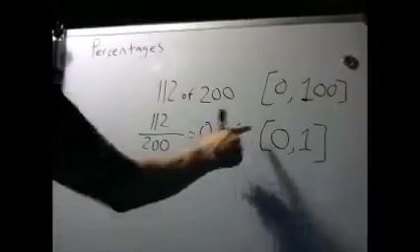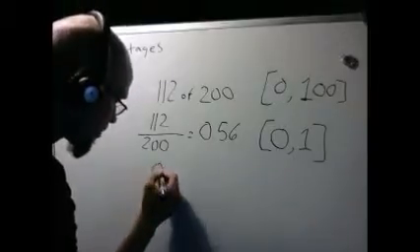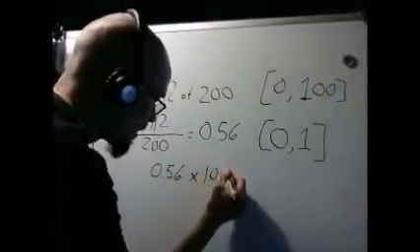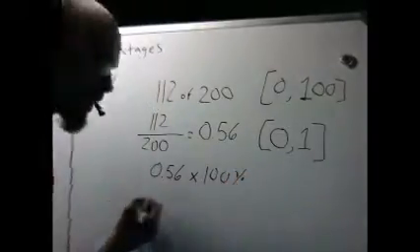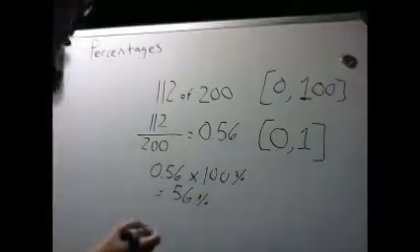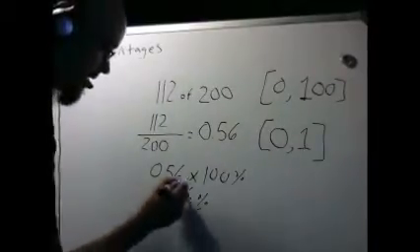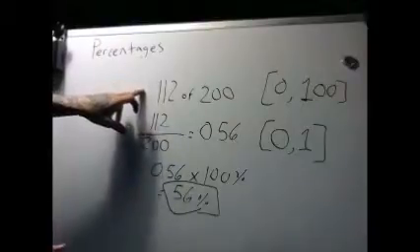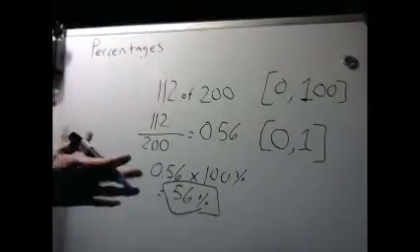So to convert to this, we simply say 0.56 times 100%, and this gives us 56%. And what that tells us is 56% of the inventory of this given problem was lost.